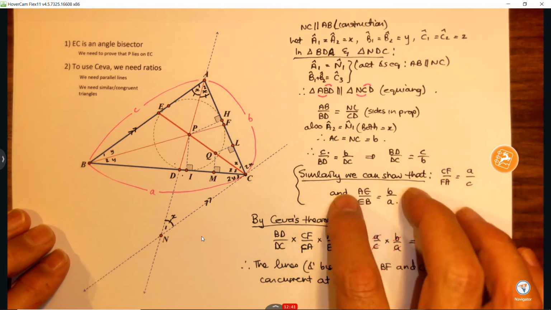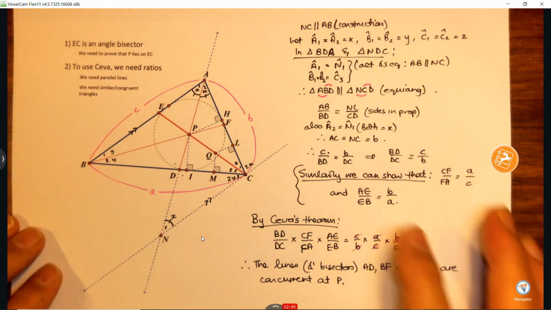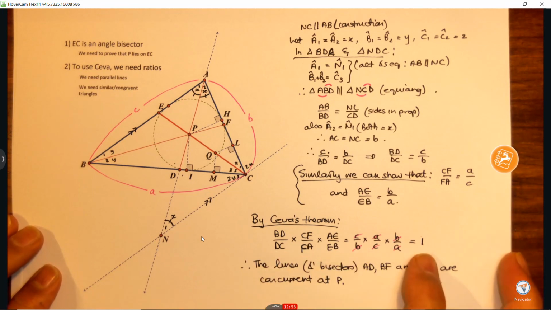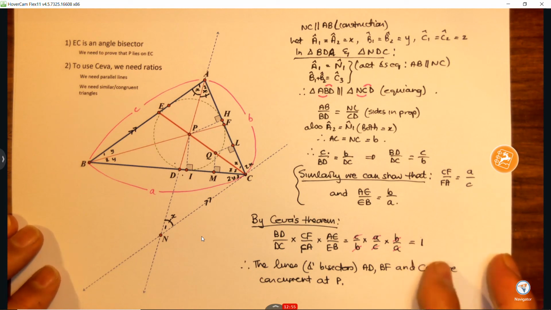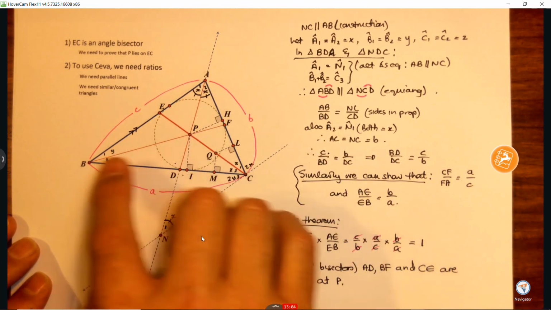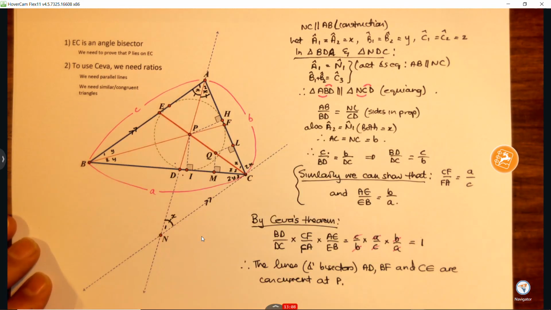From those proportions, we needed these because we wanted to use Ceva. From them we then multiplied all the ratios together, and we see that the product gives us 1, which then tells us what Ceva has claimed, that if this product is 1, the Cevians, or in this case the angle bisectors here, will be concurrent at the point P.